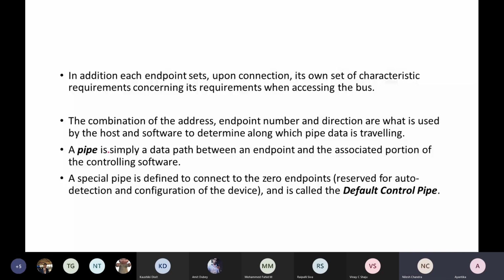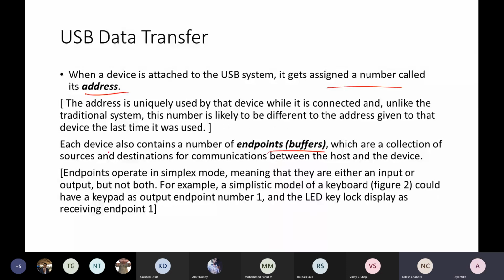Ma'am, could you please explain in detail about the endpoints? Yes. Okay, we will take one example. Maybe you think in this way.